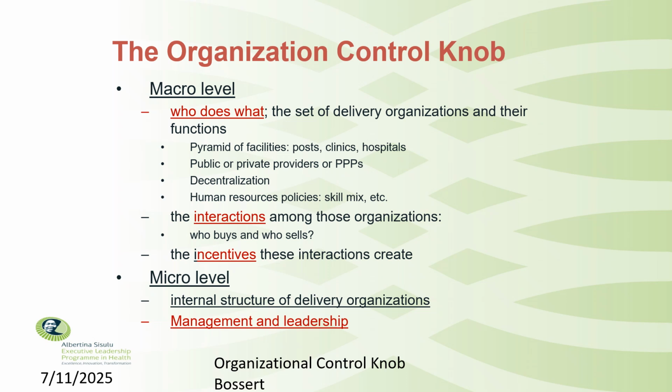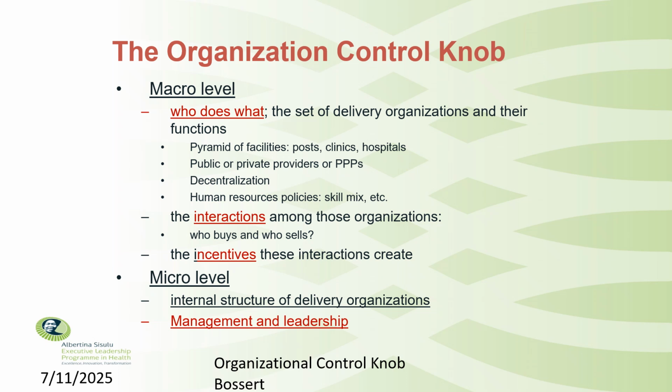What are their functions and who should do what? We will also talk a little bit about the different interactions amongst these organizations. Who is responsible for what function in terms of buying or selling products or services? And what are some of the incentives that these interactions can create? And how could we use all of these different areas to change the performance of your health system?